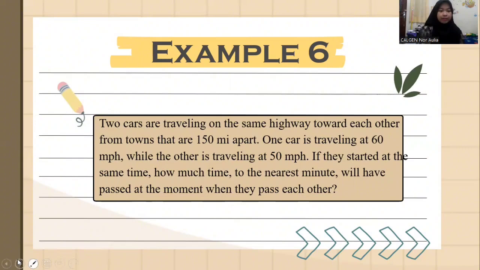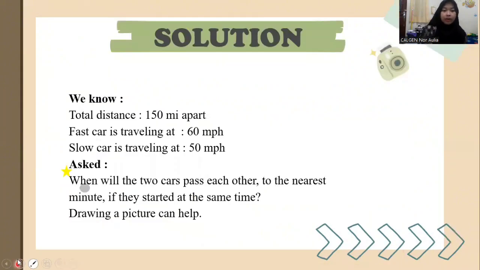So for the solution, we know the total distance is 150 miles apart. The fast car is traveling at 60 miles per hour, and the slow car is traveling at 50 miles per hour.